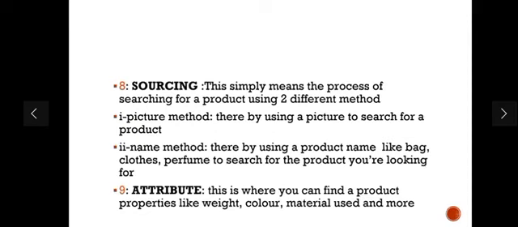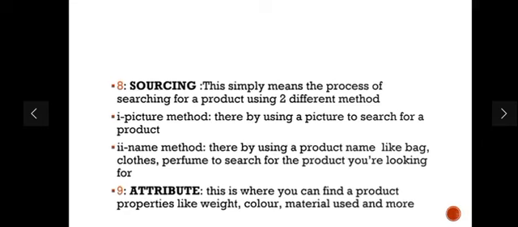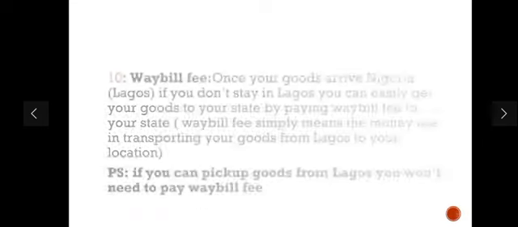So if the weight is 2 kg and your custom clearance is charging 500 naira per kg, you already know that you should budget 1000 naira for your custom clearance and also 1000 naira for your shipping, if the shipping cost is 500 naira per kg. So just try and get all these facts straight before you make a purchase and import them.